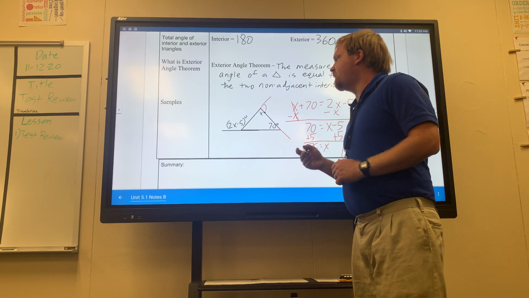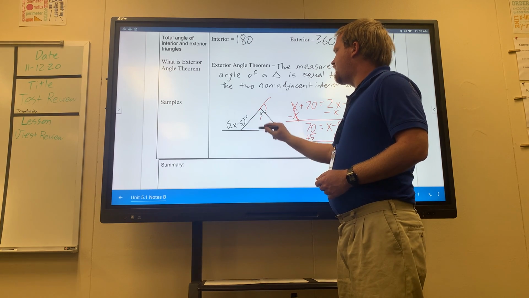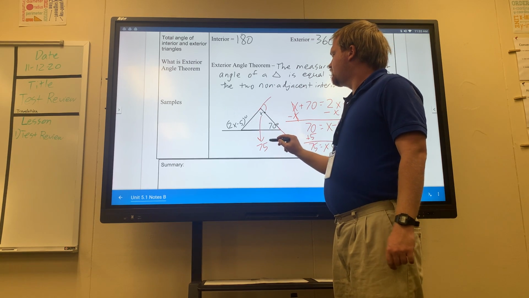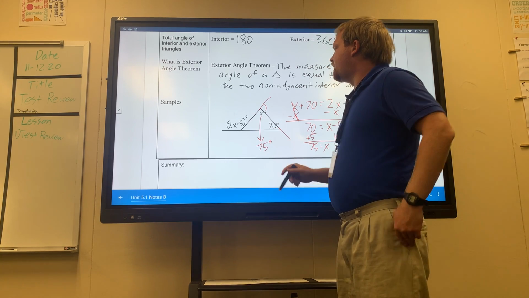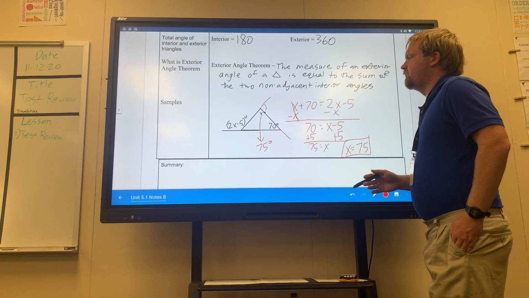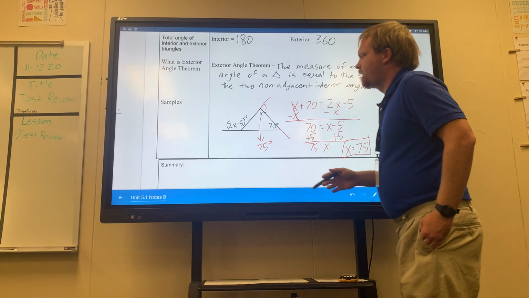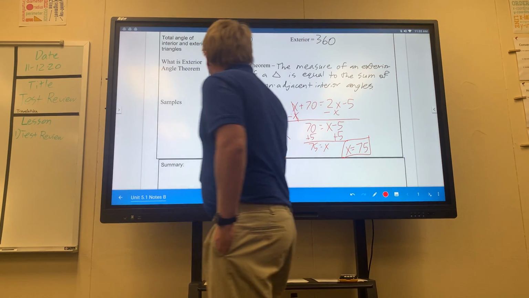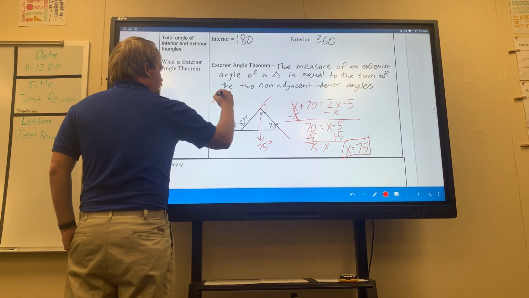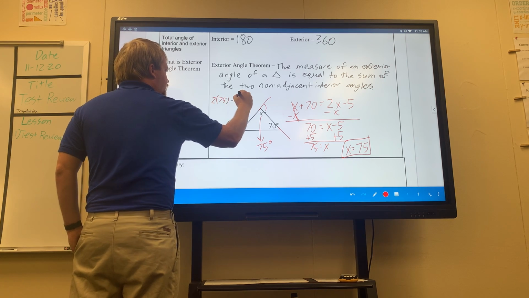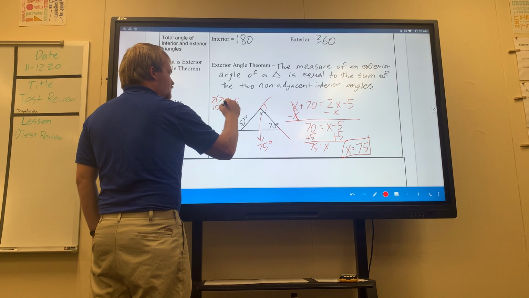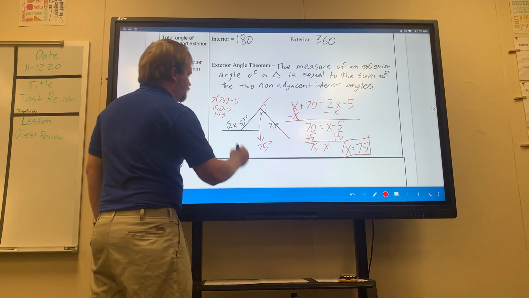So I know that this x right here is 75 degrees. Now, if I know what x is, I can go ahead and replace x with 75. So 2 times 75 is 150, minus 5, 145.